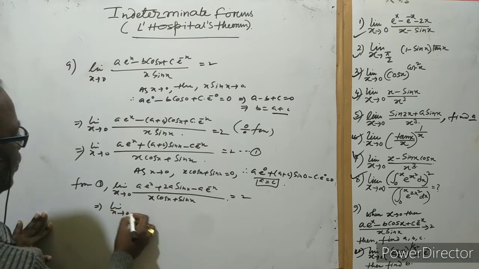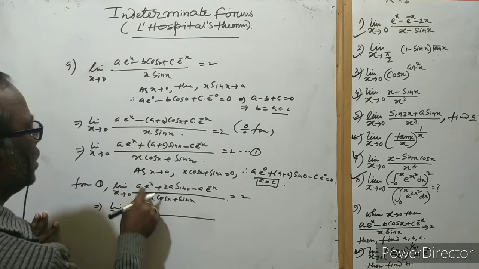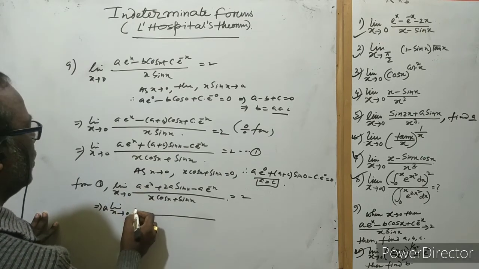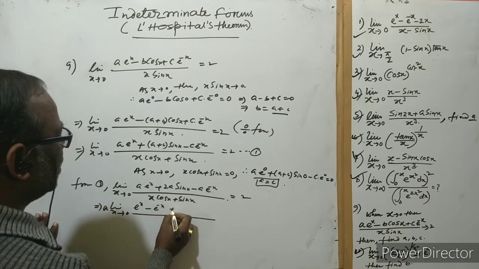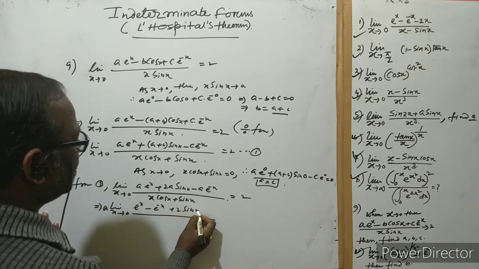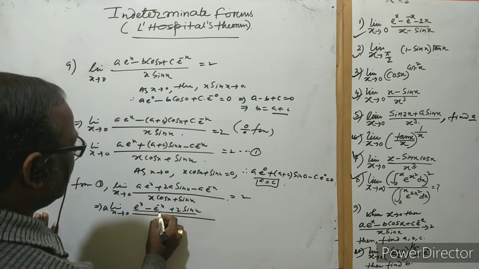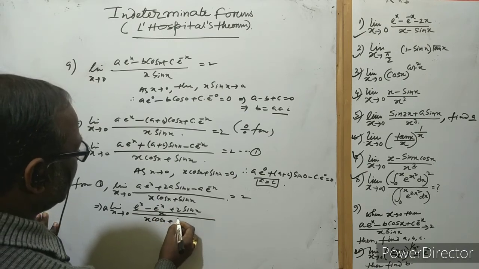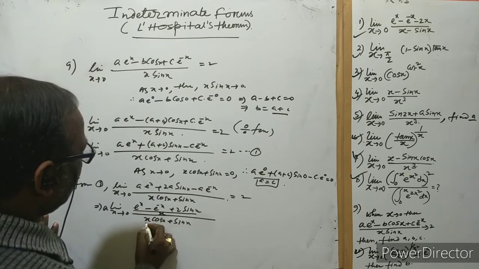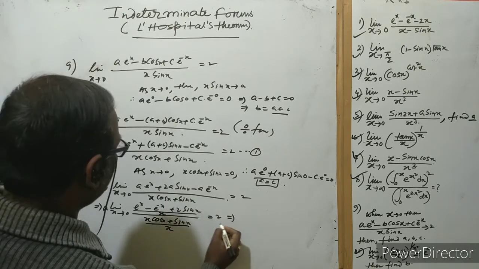Now, so then we take a common, that is a. Okay, so e to the power x, e to the power minus x, 2 sin x, and whole divided by x cos x plus sin x whole divided by x, and this is given that this is 2.